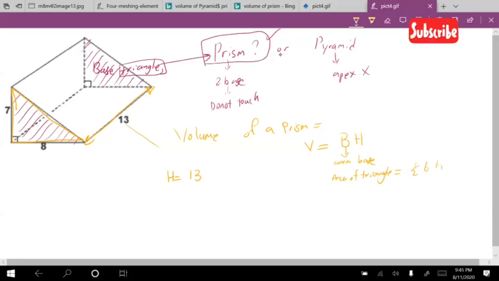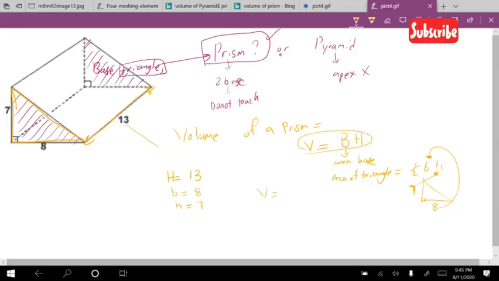Okay, let's try to draw out that base. That base will look like this. So the height of this triangle is 7. And the base, the little b, is 8. So we know b is 8, h is 7. So let's substitute that in this formula.